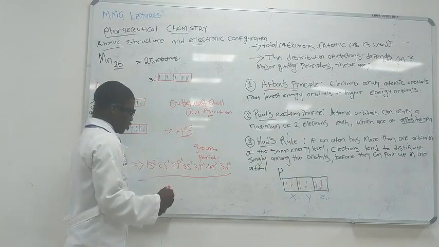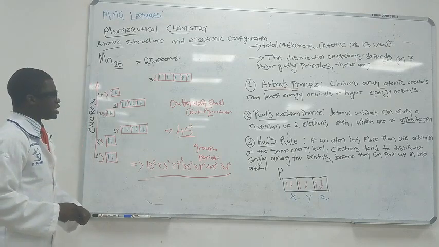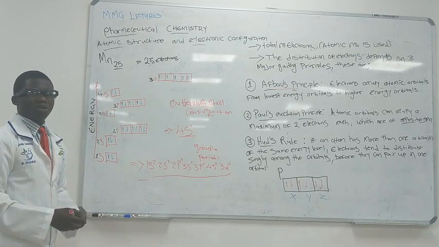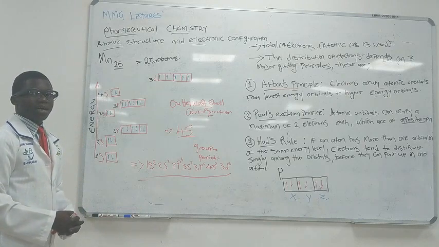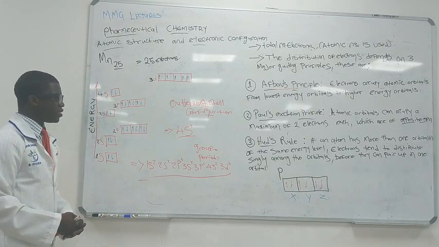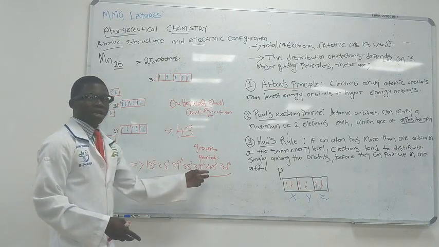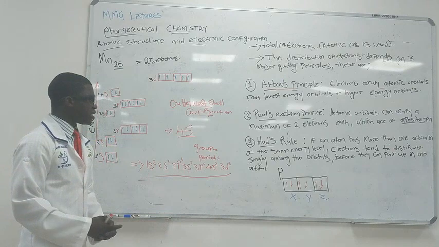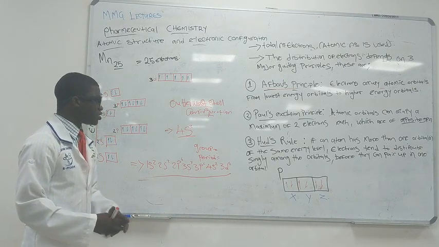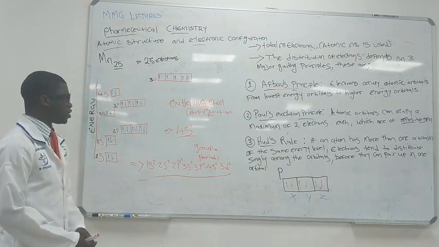So this atom has peculiar properties because the highest energy orbital present is filled, but we have an orbital with electrons that are half filled, which is the d orbital.